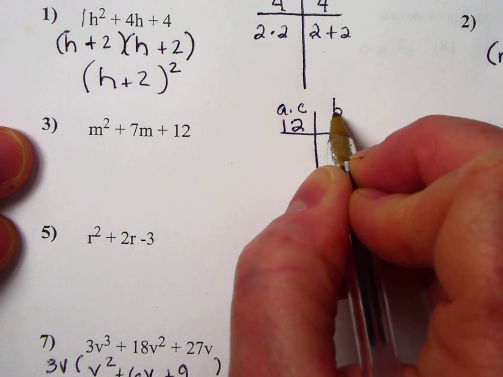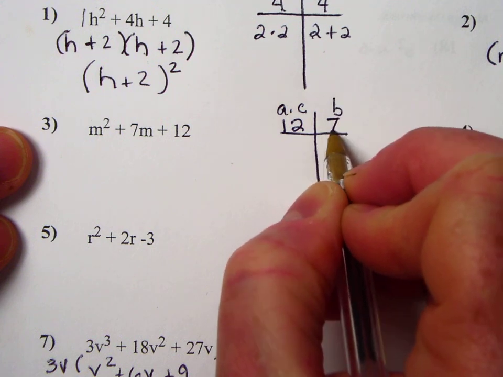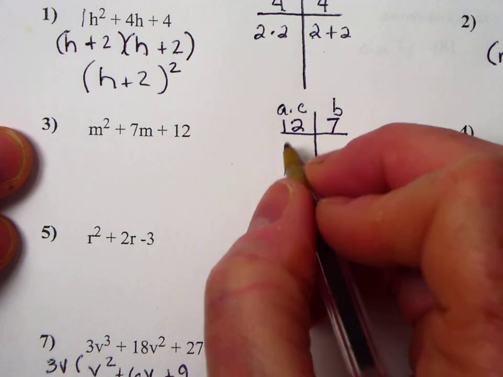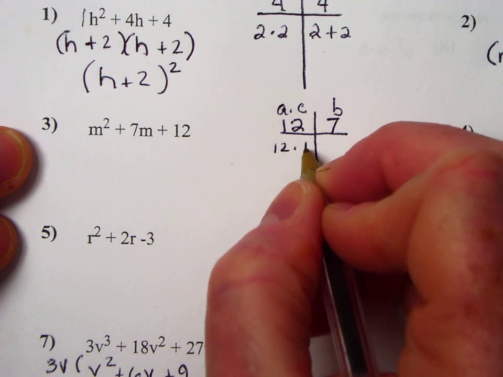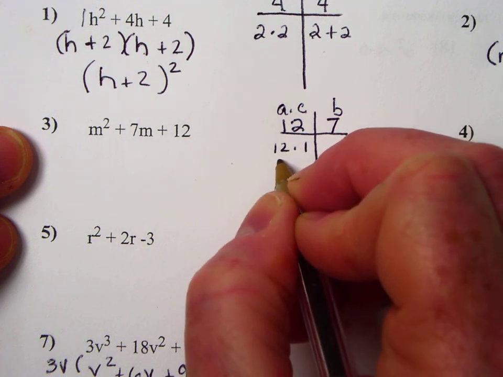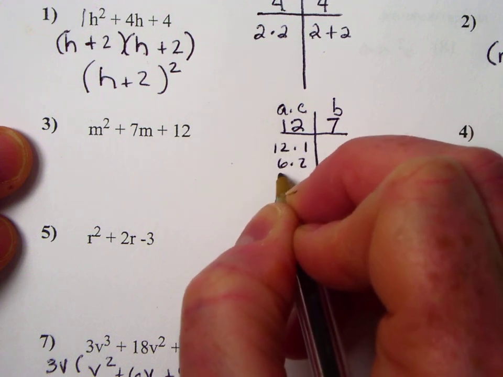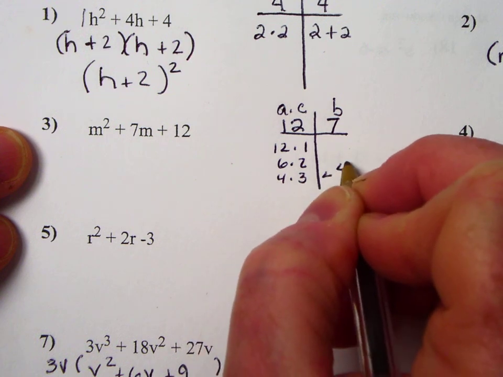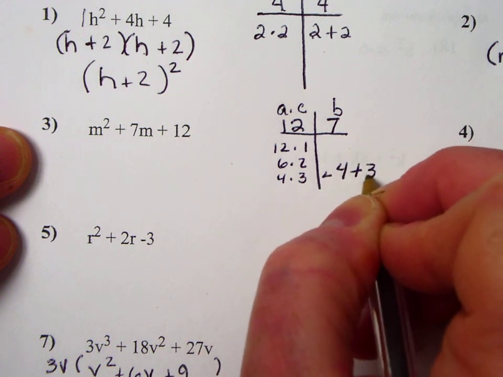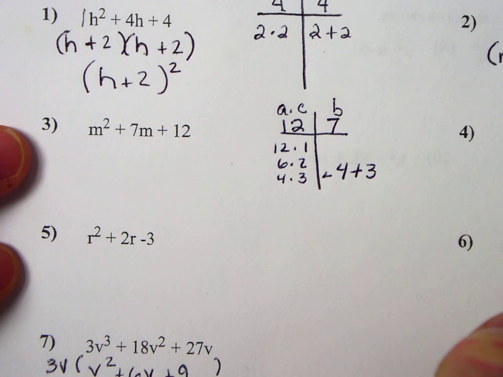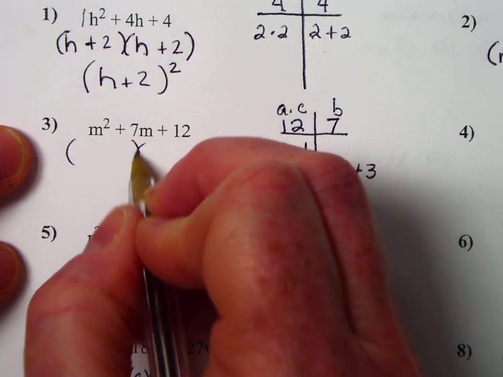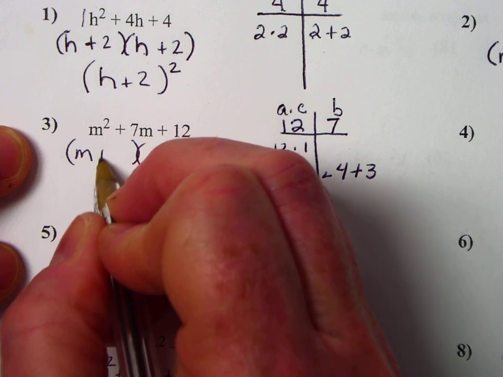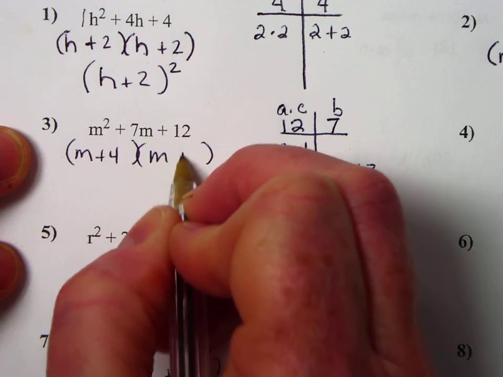Has to add up to be a 7. 12 and 1, 2, 6 and 2, 4 and 3. Oh, there we go. So I'm checking it though because I've made mistakes in the past. If it's a positive 4 and a positive 3, does it work? Yes. So I'm using the letter M. So it would be M plus a 4 and M plus a 3.